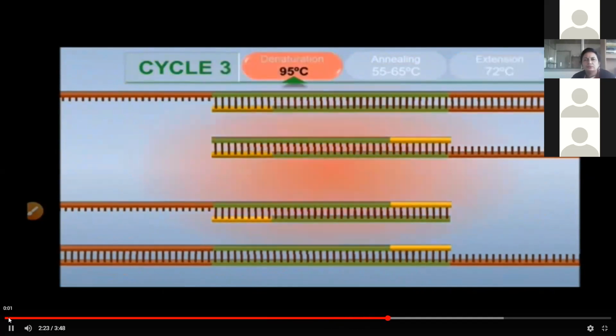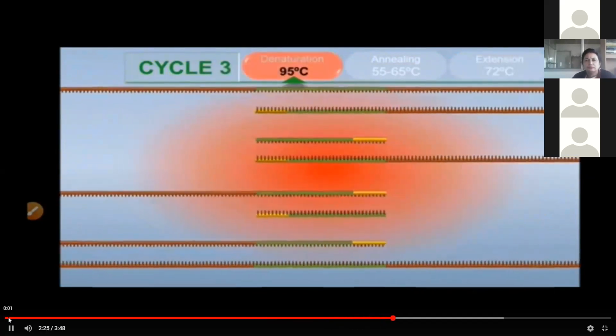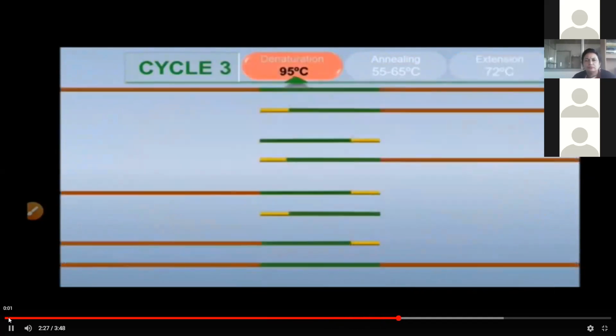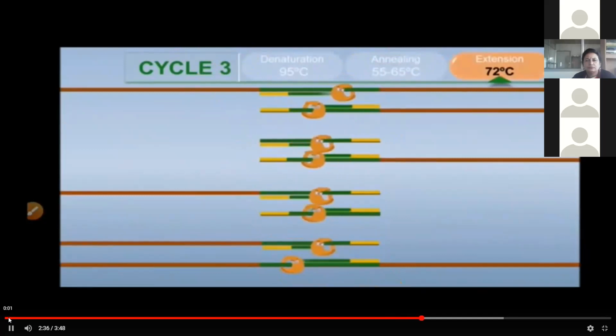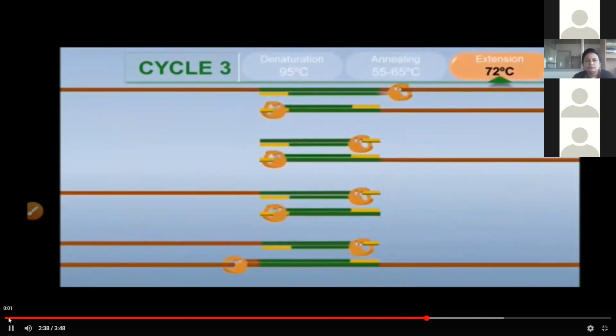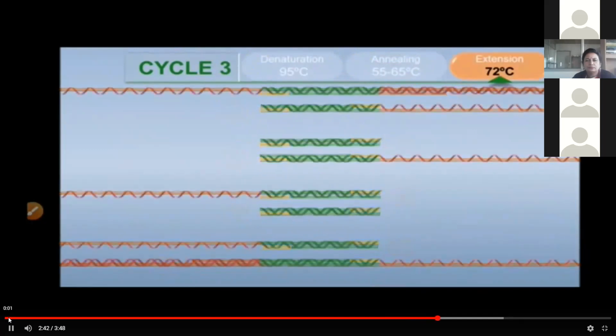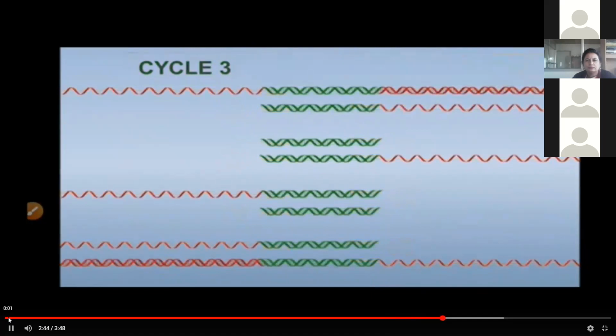Again in cycle 3, step 1 is conversion of double-stranded into single-stranded DNA, step 2 is annealing of primer, step 3 is attachment of polymerase and converting the single-stranded DNA into double-stranded. So at the end of each cycle, the DNA gets duplicated and the number of cycles continues.